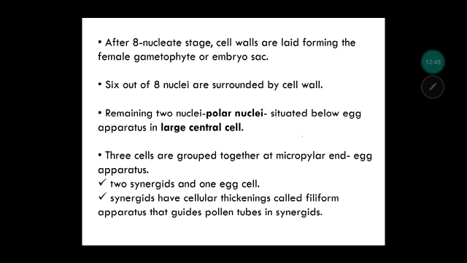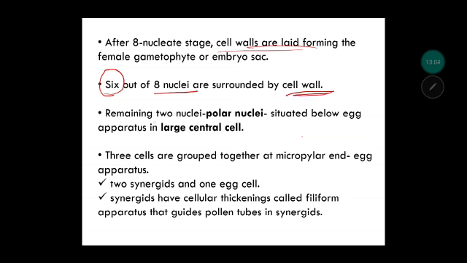Now let us discuss these 8 nuclei which are formed. When this 8 nucleate stage is attained, the cell walls will be formed in the female gametophyte or embryo sac. Listen very carefully. Only 6 nuclei out of these 8 will be surrounded by cell wall.